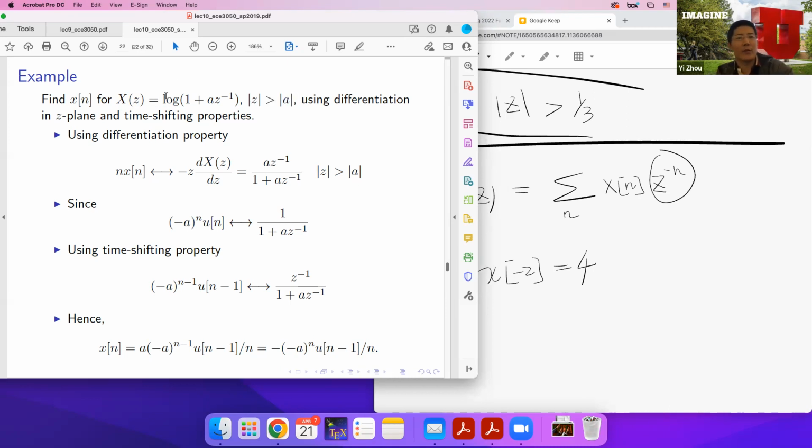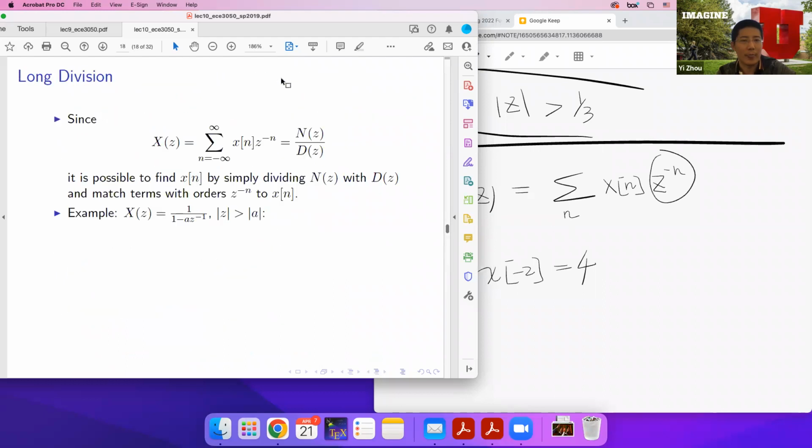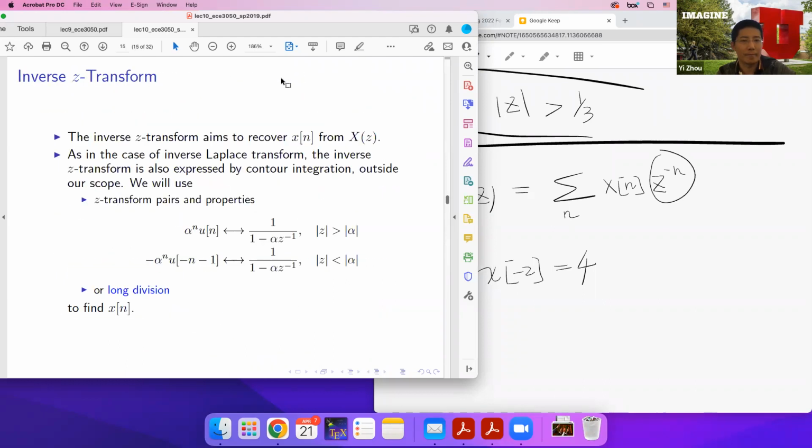Because of the logarithm, it is not clear how to take the inverse. We never see this logarithm in the table. So here we should consider relating it to the basic properties of the Z transform. In the table, we are familiar with Z transforms in the form of fractions, right?